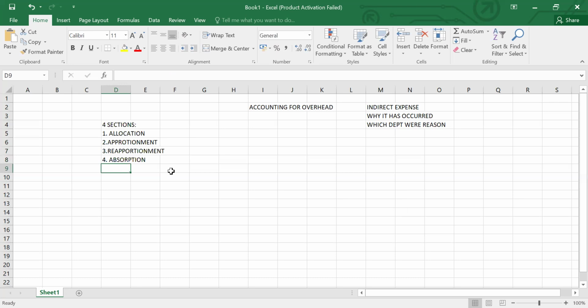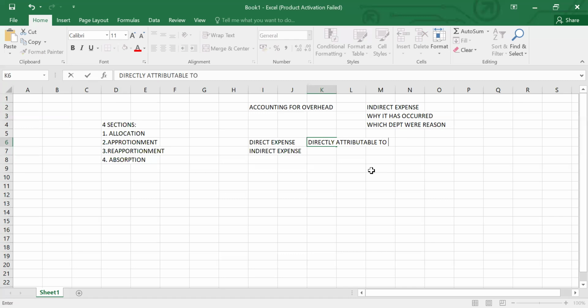Now, when I talk about expenses, there are direct expenses that you already know, right? And then there are indirect expenses. Direct expenses are directly attributable to a product.